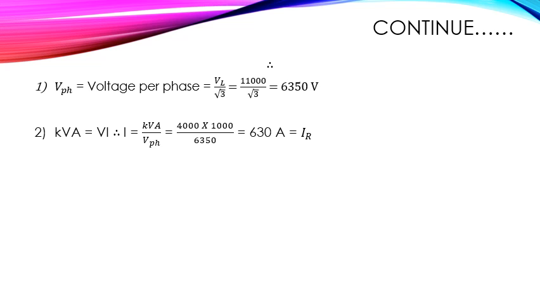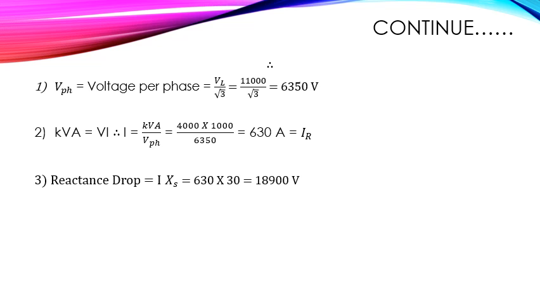As per the equation kVA is equal to VI, we can calculate the current, and that is the current due to the resistance, that is IR, equal to 630 amperes.